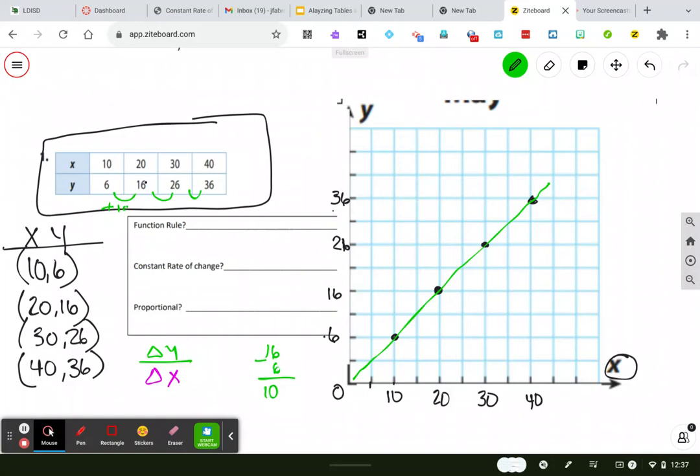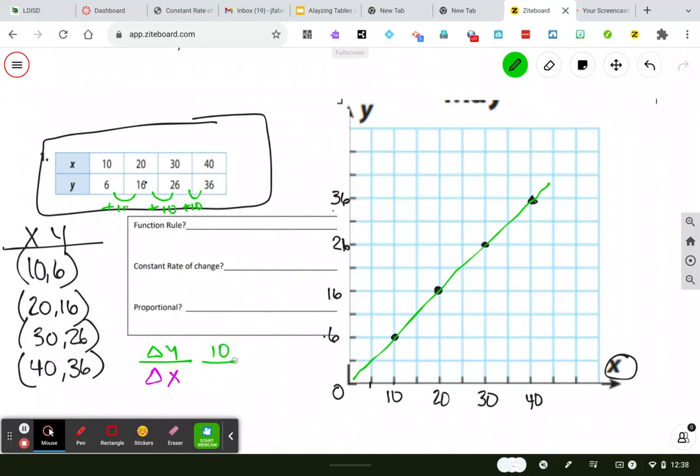Then you have 26 and 16. That's changing by 10. And 36 minus 26 is changing by 10. So that is what your change is, and that's the number that you need for your change in y.